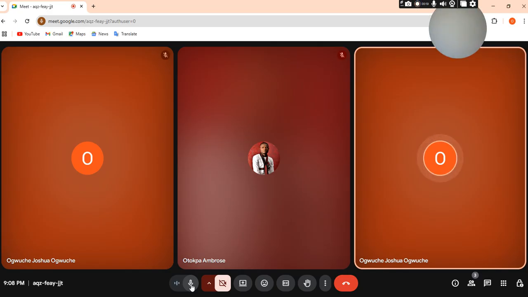In our last class, we looked at types of cost. We looked at classification of cost by behavior, classification of cost by methods, and all that.